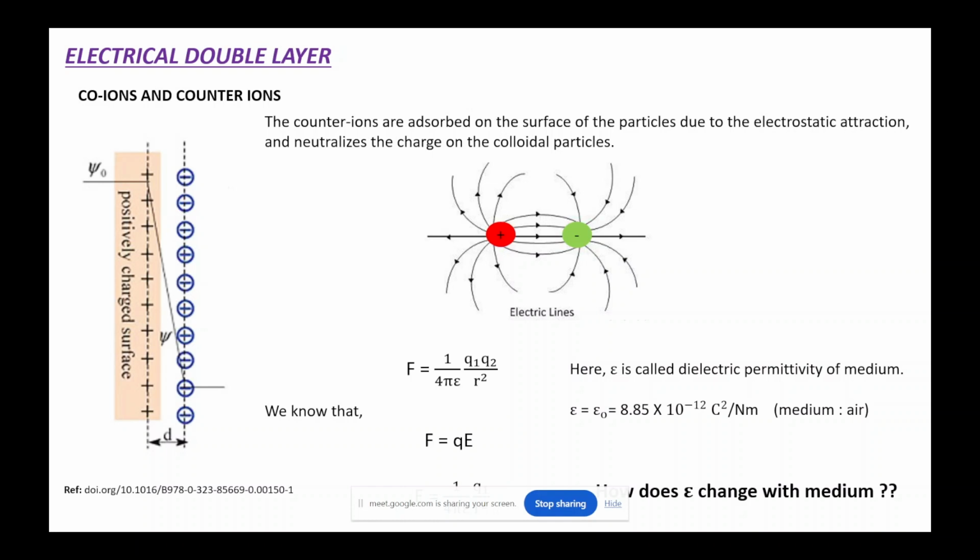So the molecules present in the solution are what is responsible for providing a small space between the two oppositely charged layers, which gives us a capacitance of very high value, and that is helpful for storing the charges.